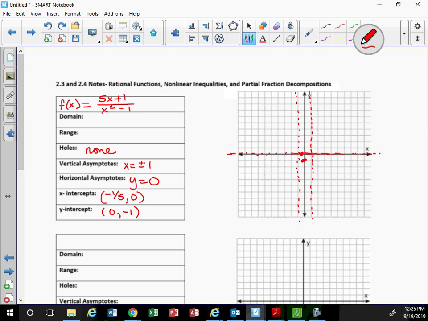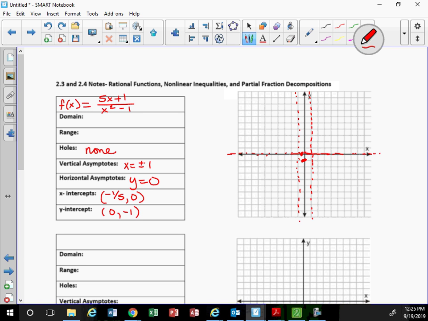So I need to figure out the right side of the graph, so past that vertical asymptote. Again, you can plug it in all the way and find the exact point, but really what I need to know is, is it up here or is it down here? So what could we plug in to check? It's almost like your number line test, guys. 2. Plug in a 2.